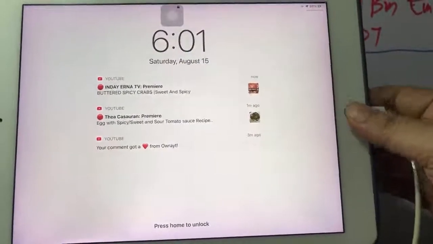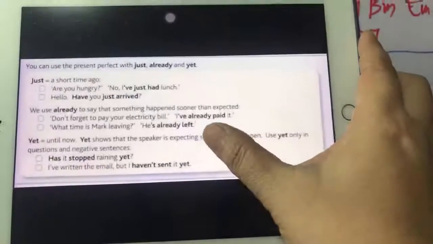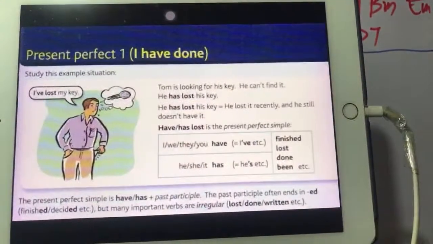Okay, I'll turn this to my iPad so you can also see our lesson for today. Okay, Mizuki, here we have the present perfect.